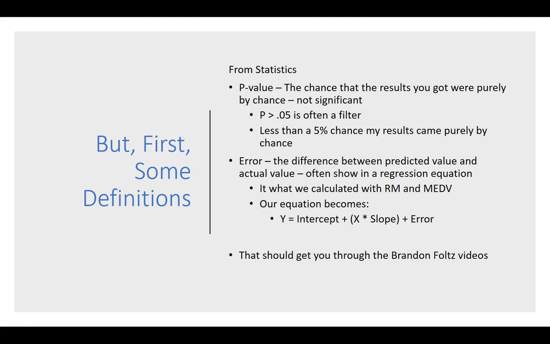So if your p-value is less than or equal to 0.05, then that's often a cutoff point that many statisticians use that says there's a pretty small chance that the results I got were just purely by chance, which on the other side is interpreted as my results are significant.